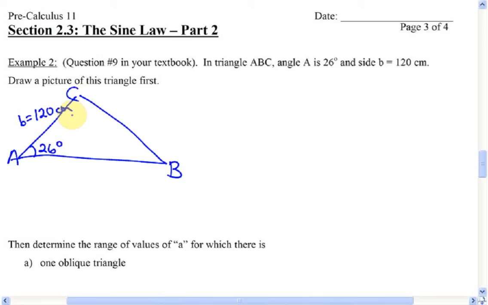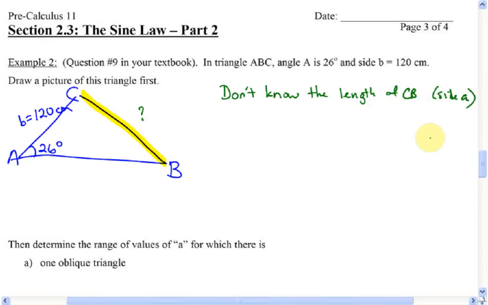Now, I didn't tell you what this is, right? I don't know the length of CB. Or what I'll call this, instead of CB, I'm going to say side A. I don't know that.